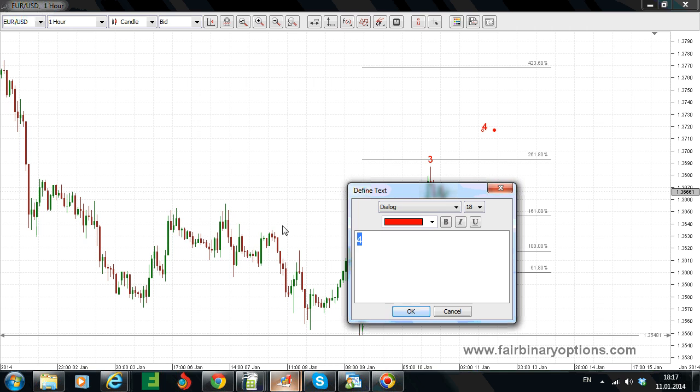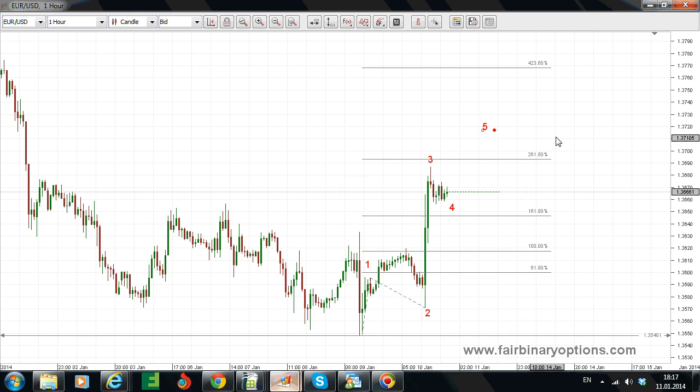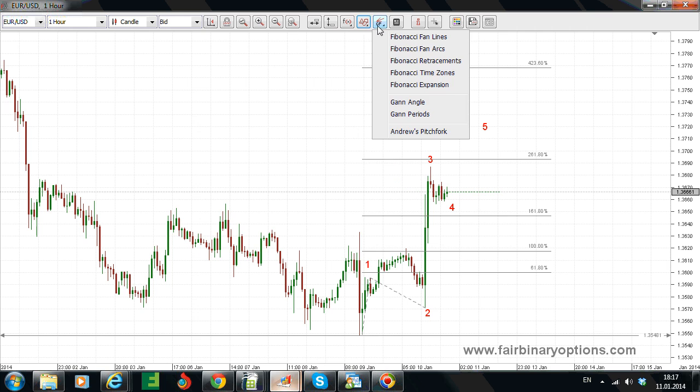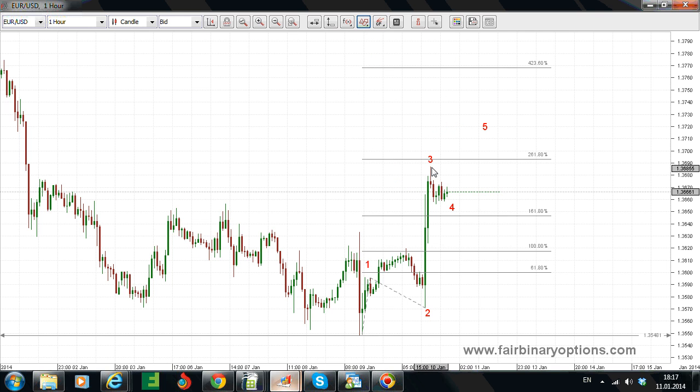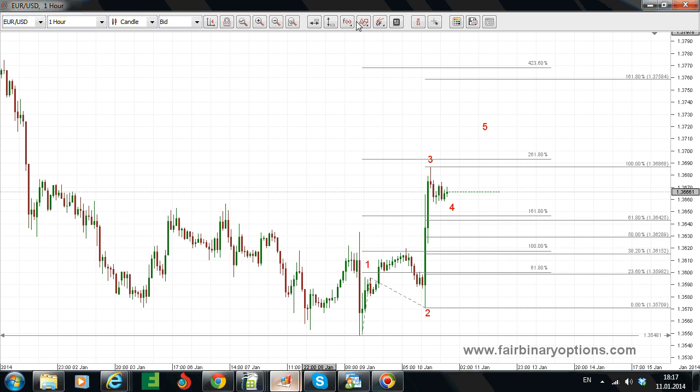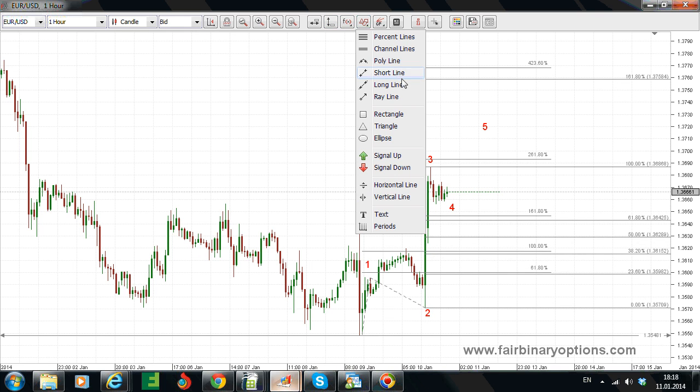But in order for this to be considered an impulsive move, we have two possibilities. The first possibility is that the whole 1, 2, 3, 4, 5 is a third wave extension, and that means that the fifth wave should not be longer or bigger than 61.8 when compared with the length of the third wave.